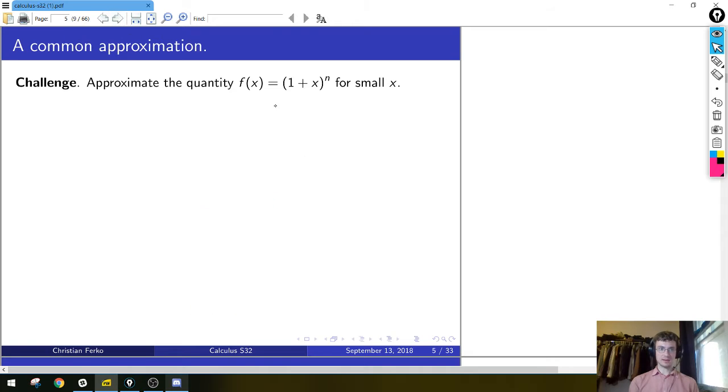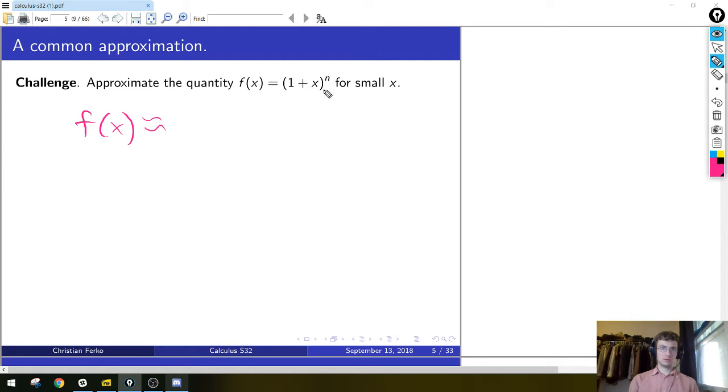Good. All right, so what should I write here to use that? So we're going to have that this is going to be about, assuming x is about 0, 1 to the power of n, which is still 1, plus the derivative of this.